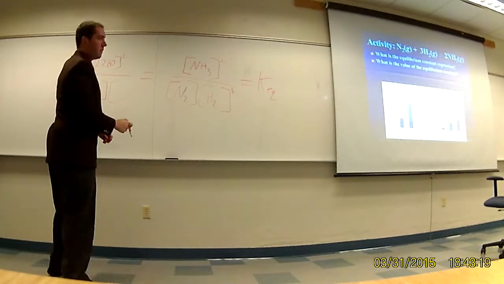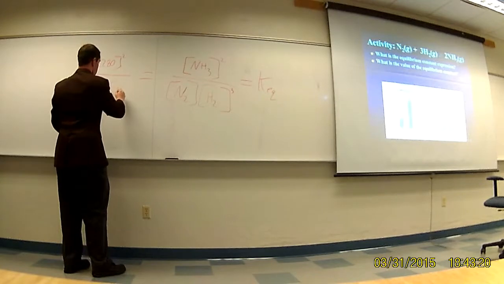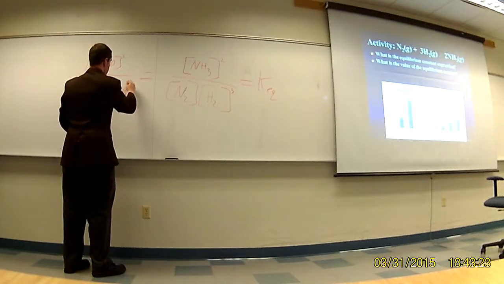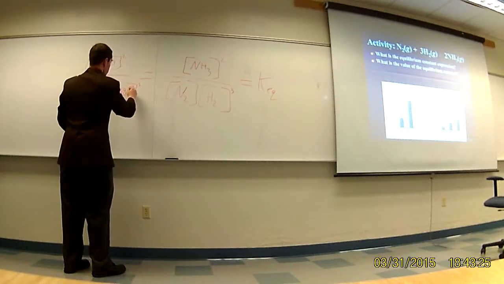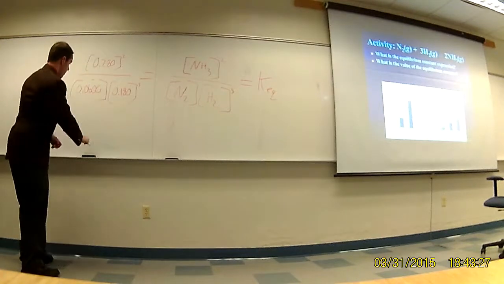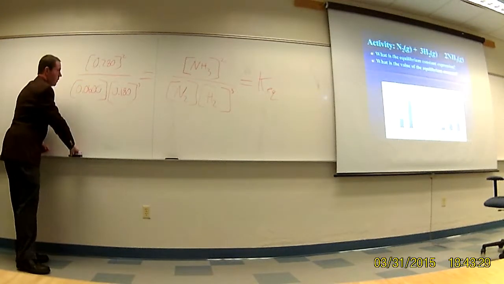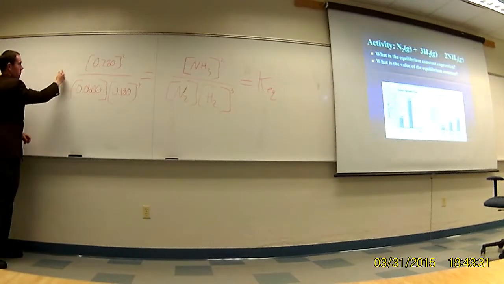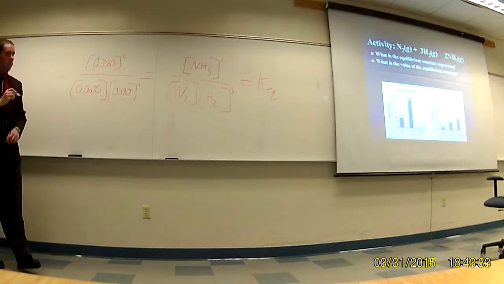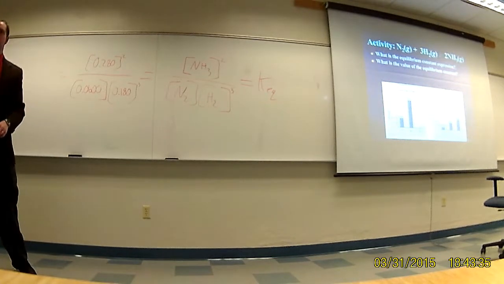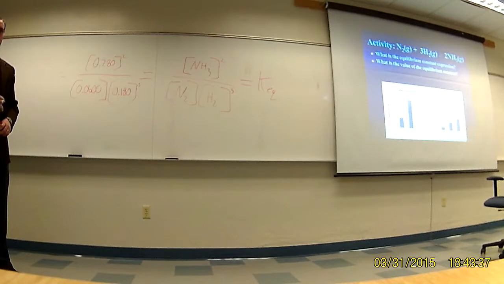Concentration of hydrogen, 0.180 cubed. If you do the math, you'll get a number. It'll end up being like 2.4, is what it says on the next page.